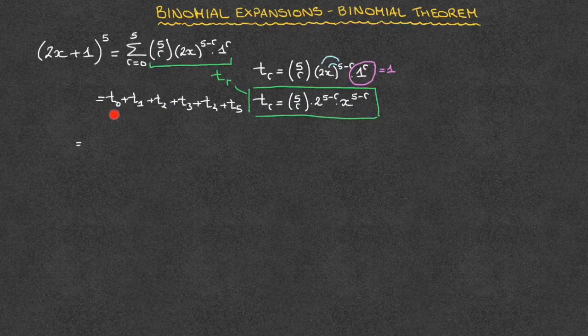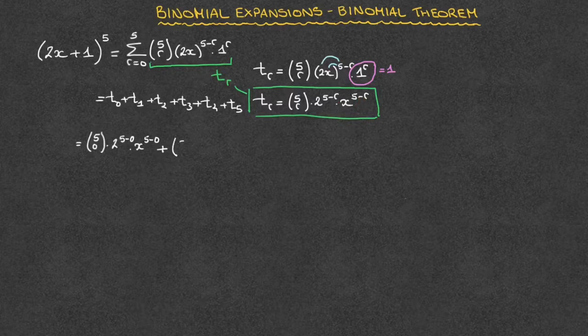For T0, we replace every r by 0. So that would be the binomial coefficient (5 choose 0) times 2 raised to the power of 5 minus 0 times x to the power of 5 minus 0. We add on to that T1, for which we replace every single r by 1.